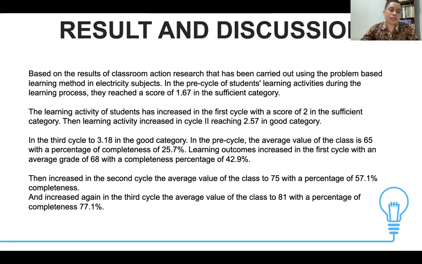Then it increased in the second cycle, with the average value of the class 7.5 and a percentage of 7.1% complete. And it increased again in the third cycle, with the average value of the class and a percentage of completeness of 7.1%.